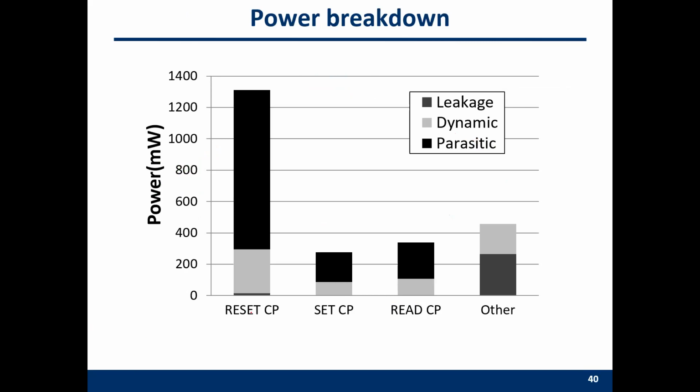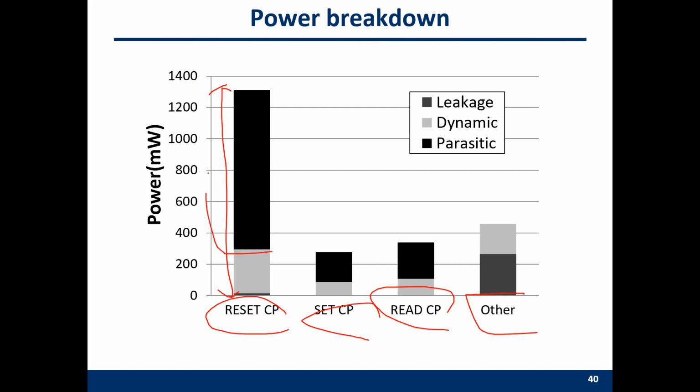So let's break down the operation of the chip here: reset, set, read, and the other things. You can see that the reset charge pump is actually the power bottleneck of the chip, and most of the energy or power is consumed by the reset charge pump itself.